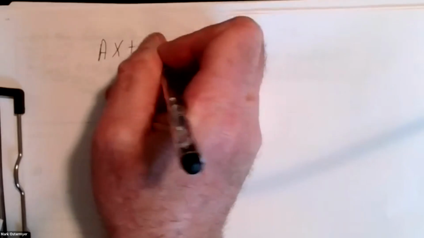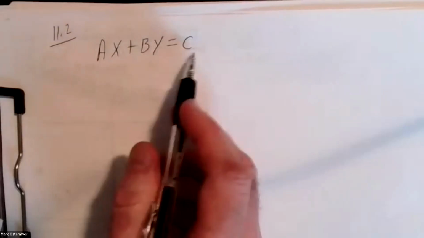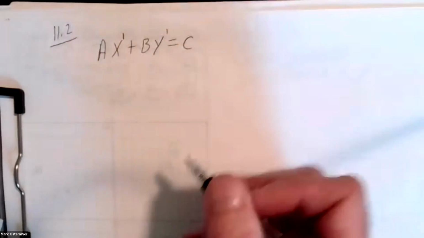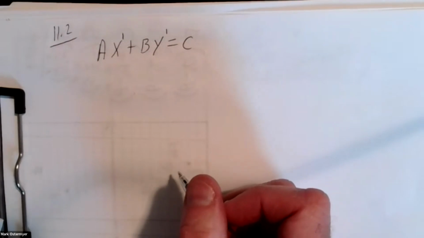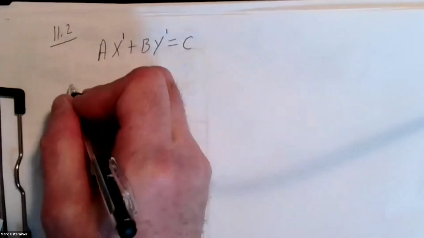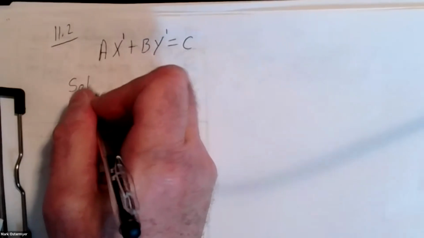In general, these equations are going to look like this. This is called a linear equation in x and y. It's called linear because x and y are raised to the first power. And solutions to such an equation always have to be ordered pairs.